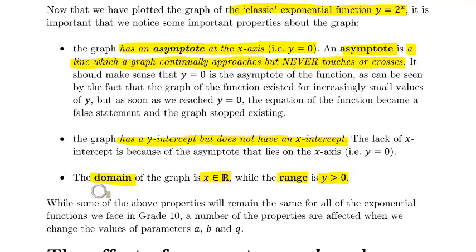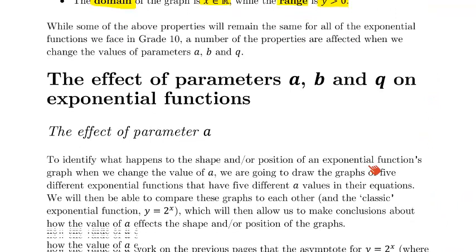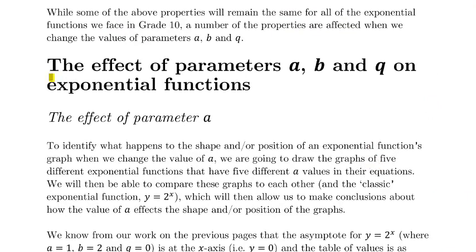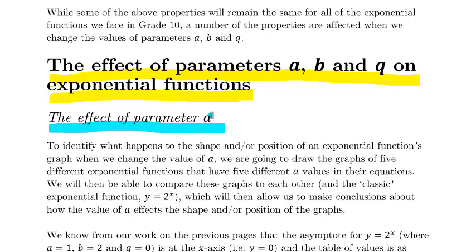Now, while some of the above properties will remain the same for all of the exponential functions we face in grade 10, a number of the properties are affected when we change the values of parameters a, b, and q. And that's what we're going to do now, guys. We are going to see what the effects of the parameters a, b, and q are on exponential functions, starting with the effect of parameter a.